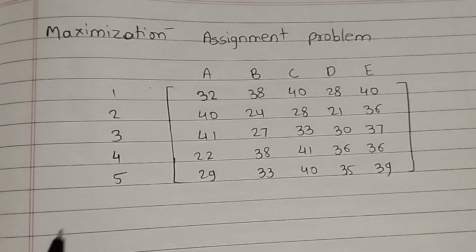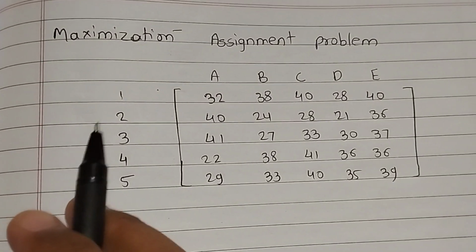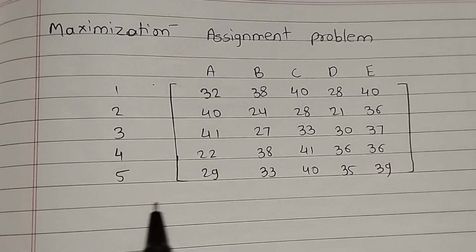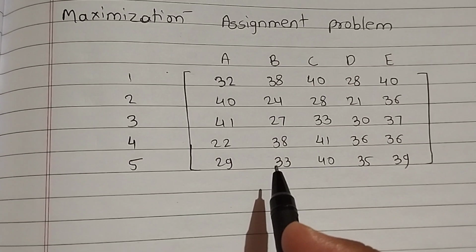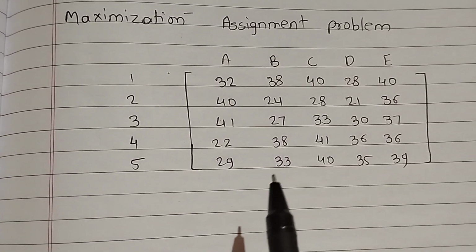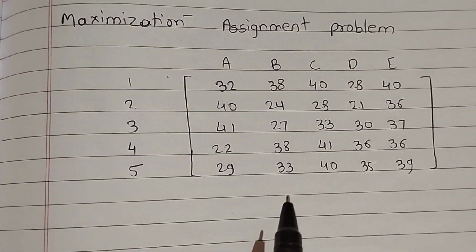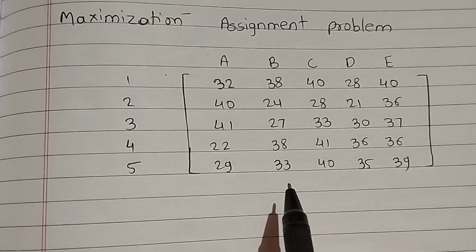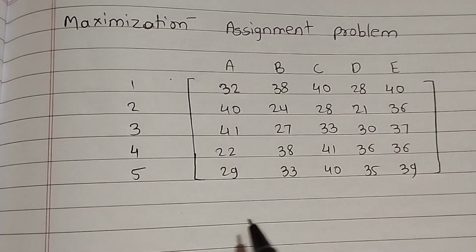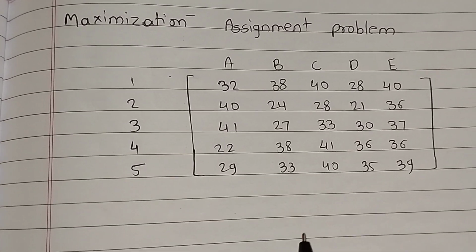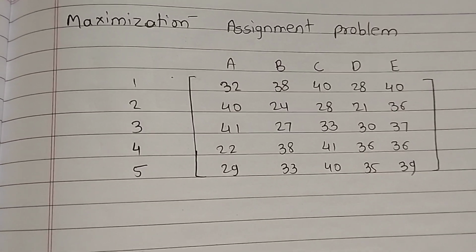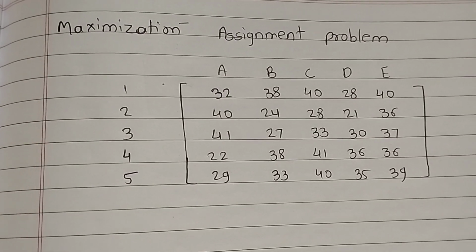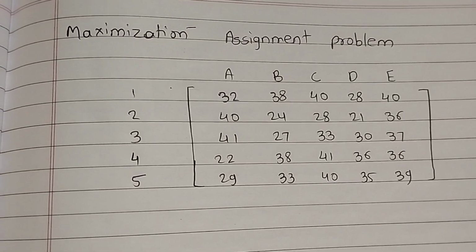So we see the steps to solve the maximization assignment problem. First step, select the highest value from the matrix and subtract it from each element of the matrix; the matrix we get is the reduced matrix. The next steps are the same as those we perform for the minimization assignment problem.